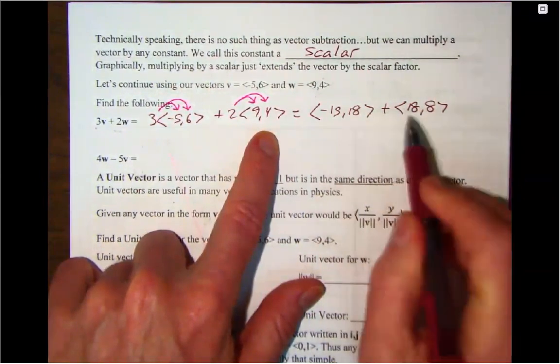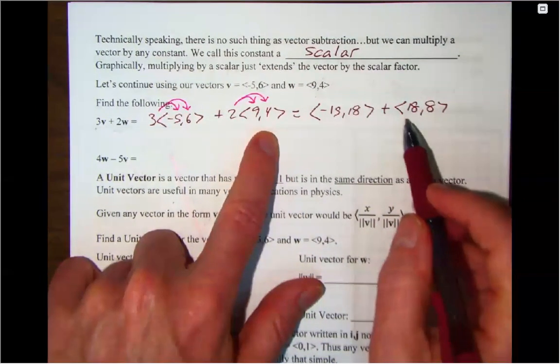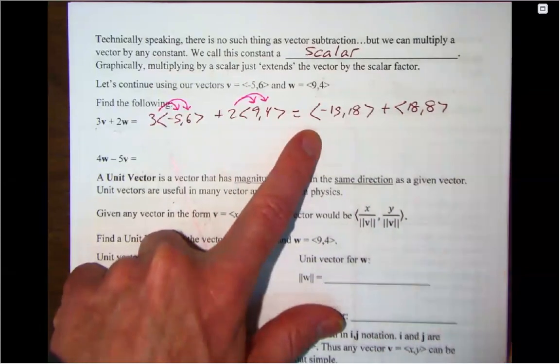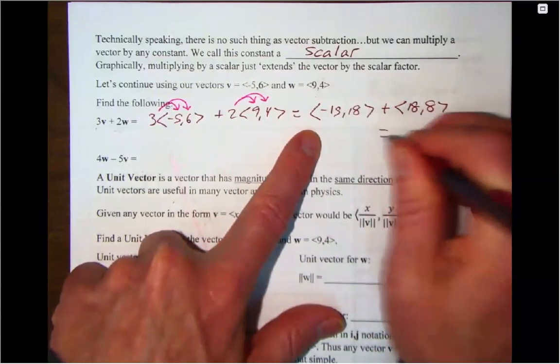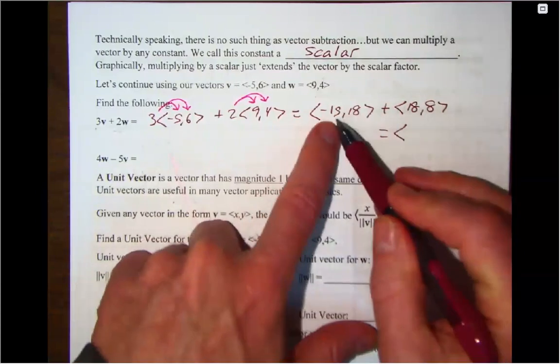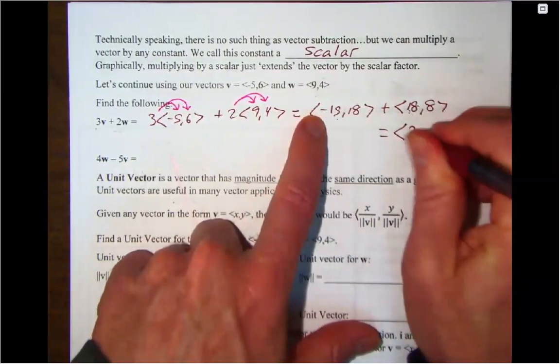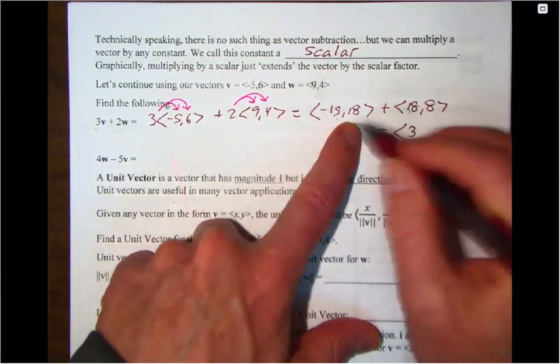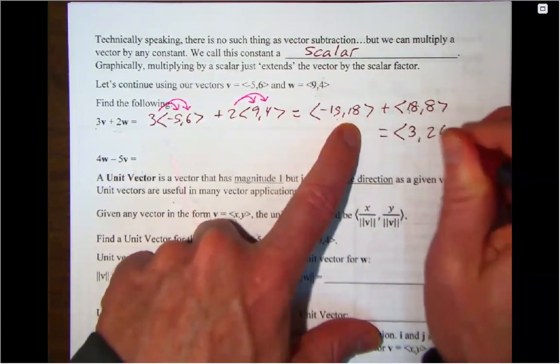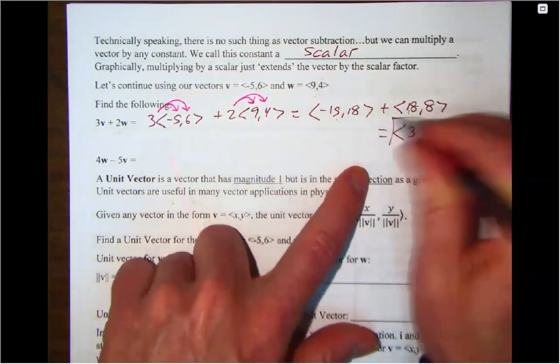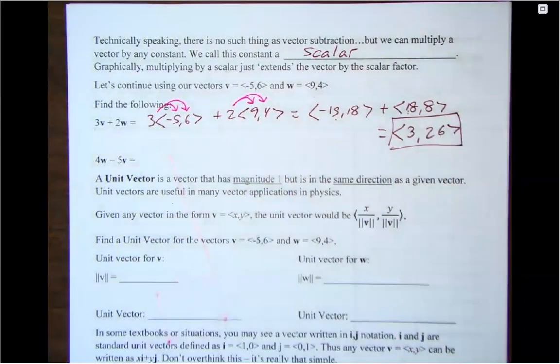And then once you've distributed the scalars, we just add them like we did on the first page. So your final answer: combine the x's, negative 15 plus 18, which is 3. 18 plus 8, 26. And that's it.